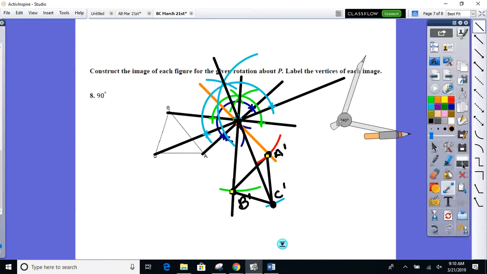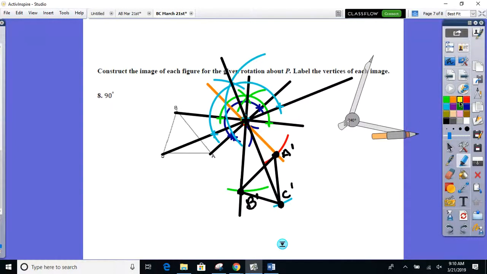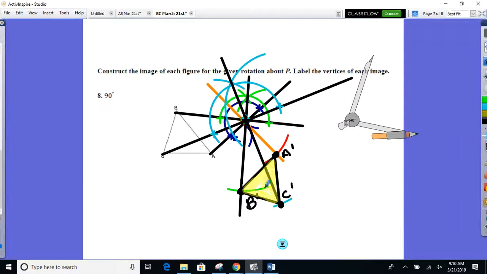Wait, big D or large? And there we have A prime, B prime, C prime.